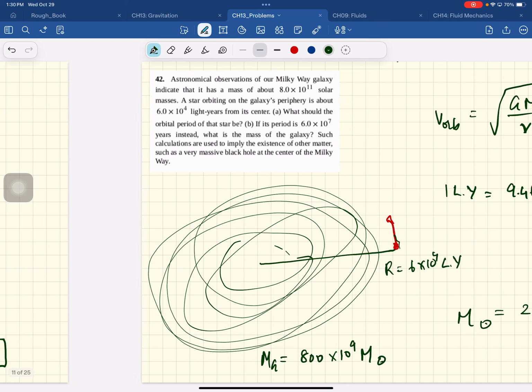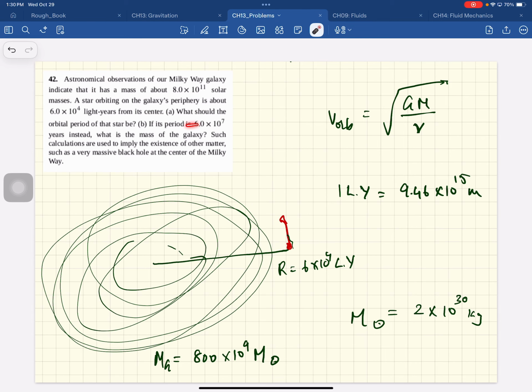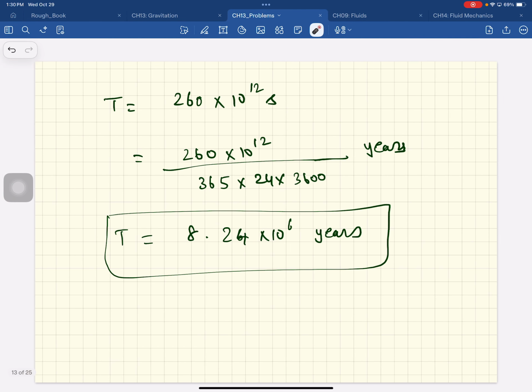Okay. So what should be the orbital period of the star? If its period is 6 times 10 to the 7 years instead, what is the mass of the galaxy? Okay, so this is the matter we can see. So we got this many years for the calculated value of the period.